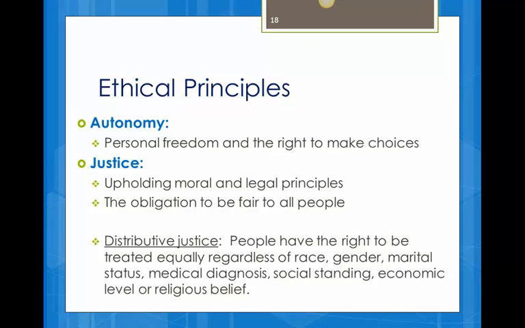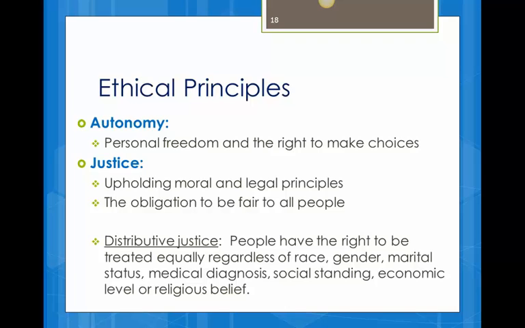For a risk to others, a few years back there was a patient who had active TB, and that individual refused to stay in the hospital and was actually trying to get on an airplane. This individual's autonomy was taken away, and they were forced to undergo medical treatment, a forced quarantine, and be hospitalized because they were posing a risk to others within our community, within the world. So the limitations are if a person poses a risk to others or if they're unable to make decisions for themselves.